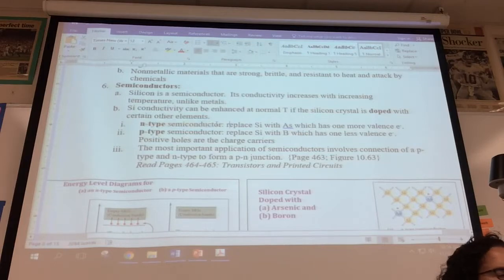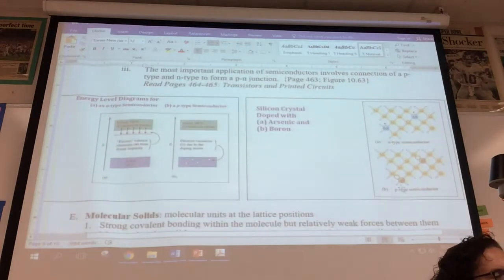So the question's going to be something very easy. Which of the following would be an N-type conductor? And you'd look for the one that contains more valence electrons. And you can see that shown right here. Silicon doped with arsenic, an N-type. Here's the negative red charge right there. A P-type, you replace it with something that has fewer valence electrons.